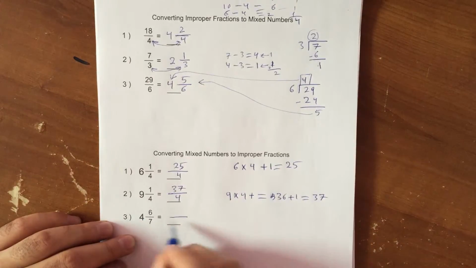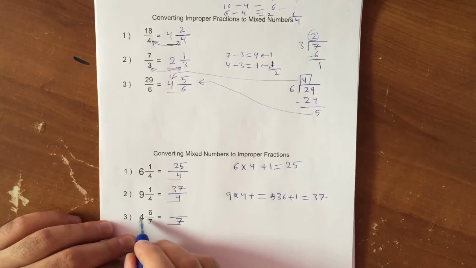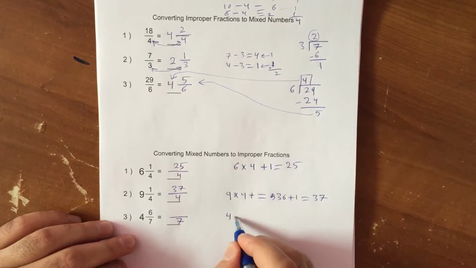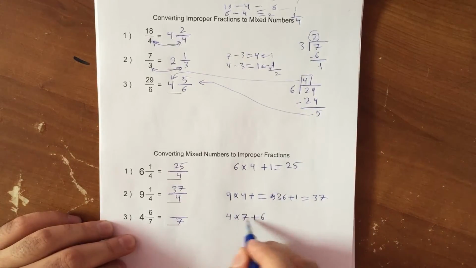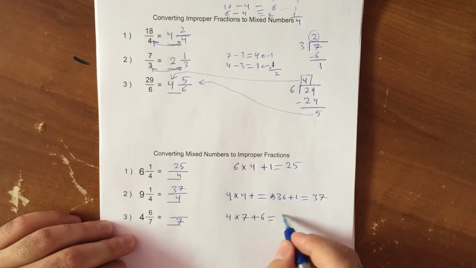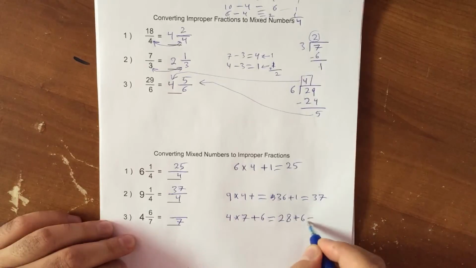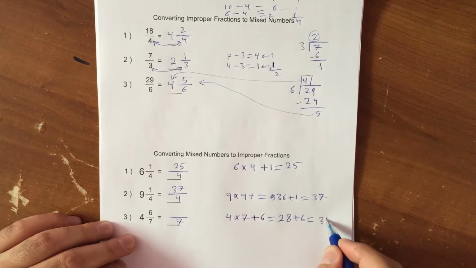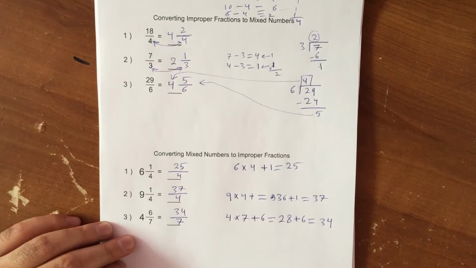The same thing here, the denominator stays the same. All you have to do is here 4 times 7, right? So 4 times 7 is 28 plus 6 is 34. 34 goes over here.